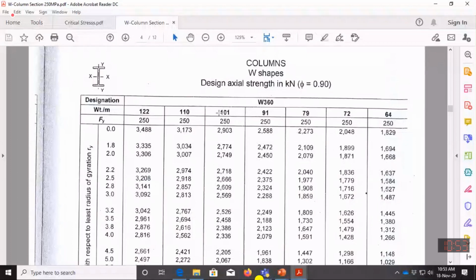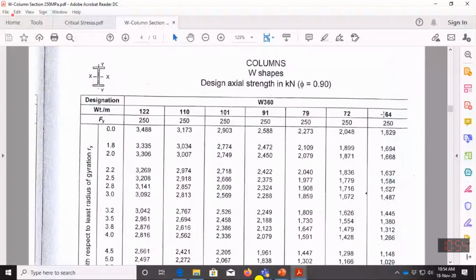So in this column, we are given the properties of the section whose designation is W360 into 101. In the same way, this column is dedicated to a section W360 into 64.